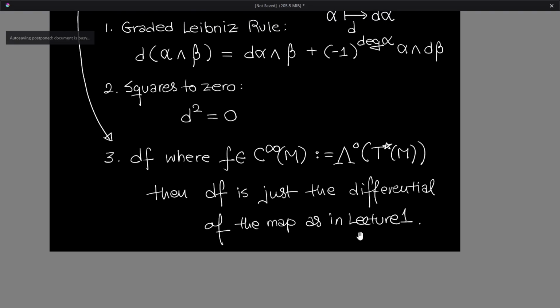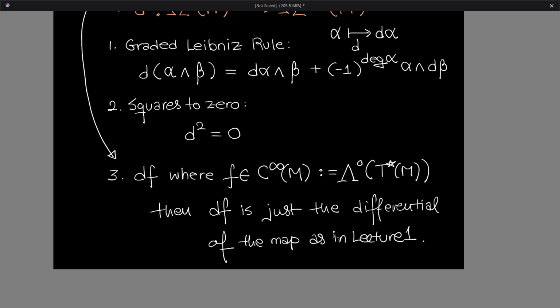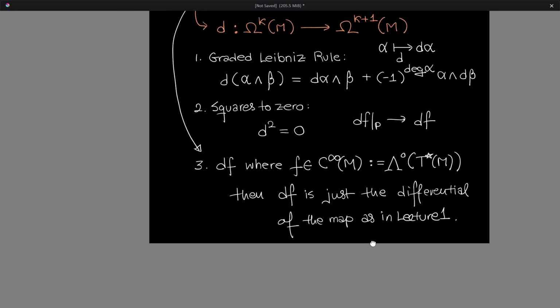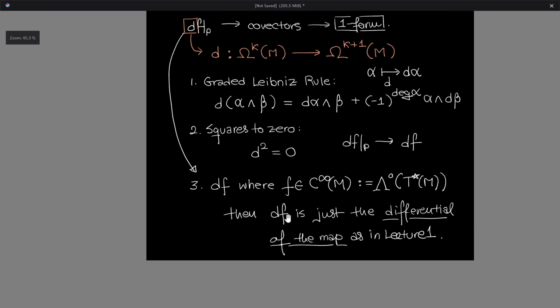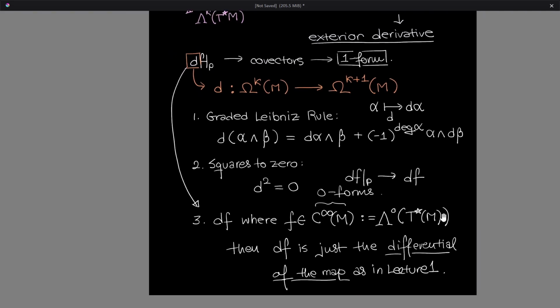I noticed that you have to do some finagling of the definition because we never formally defined it for a vector field or a covector field. So wherever there are p's, whenever we say something like dfp, you have to convert that in your mind to df, and then you'll get the equivalent. So that's the way that it works on the zero forms. Right, so that's the exterior derivative.